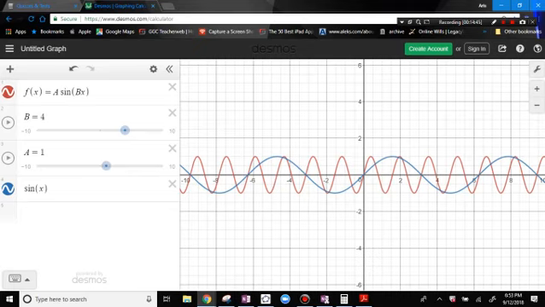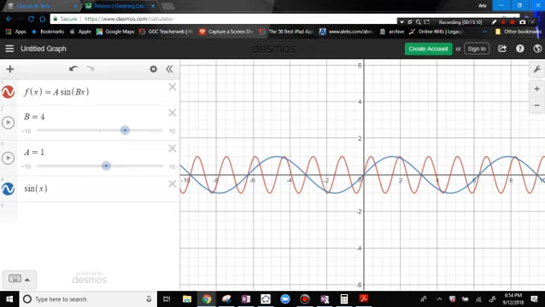So what's the meaning of 2 pi over b? 2 pi over b now is going to be the amount of time it takes for the red graph to repeat itself. So initially, this blue graph was repeating itself every 6.28. That's 2 pi, which corresponds to 1 revolution around the circle, right? Now, when I change this from the sine of just x to the sine of 4x, the question is, how fast is this going to start repeating itself?